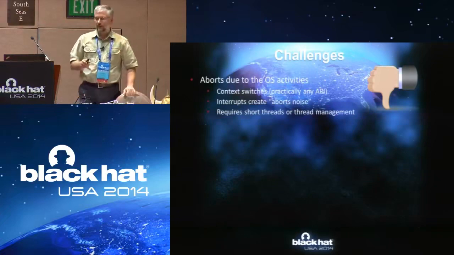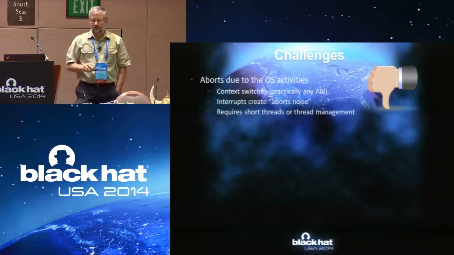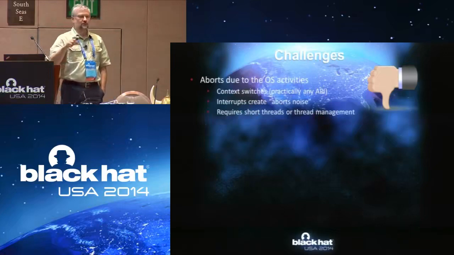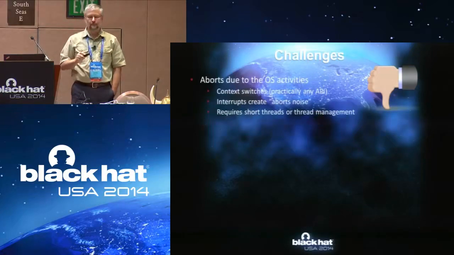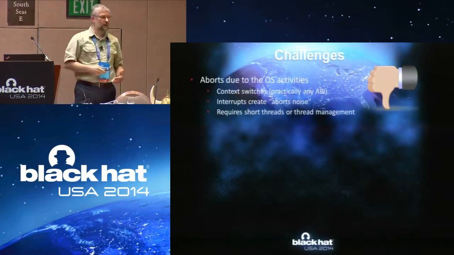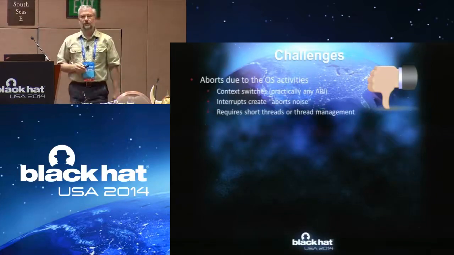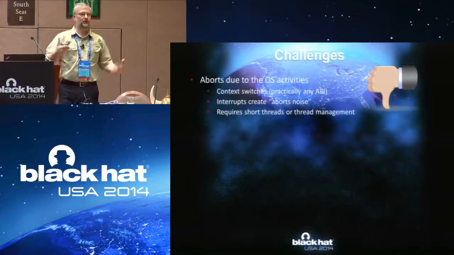So to perform effective protection via TSX, your threads should be fairly short, and while they're executing, you should be able to start another thread, which is also short, and if it's interrupted, you can create another one. But it's a little trickier than the type of protection provided by page tables, for example.